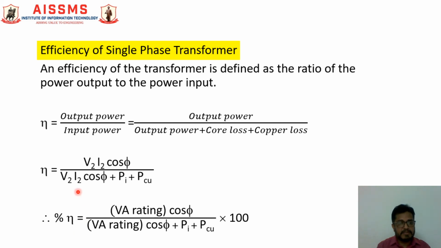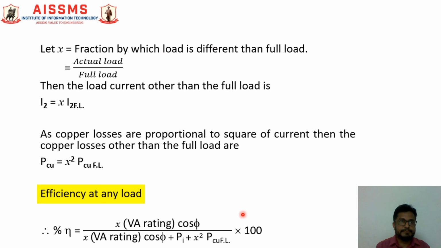Now if we take percentage, then percentage eta, that is percentage efficiency, equal to VA rating of the transformer multiplied by power factor cos phi divided by VA rating of the transformer multiplied by power factor cos phi plus the core loss in the single phase transformer plus copper loss in the single phase transformer multiplied by 100.